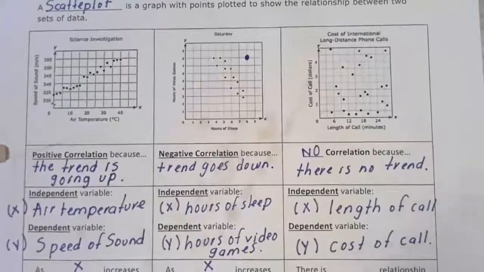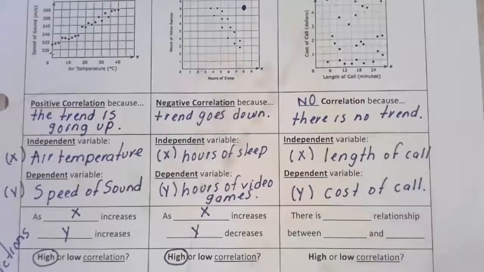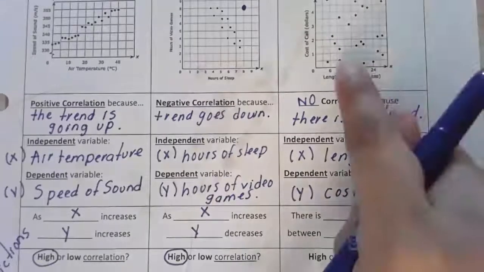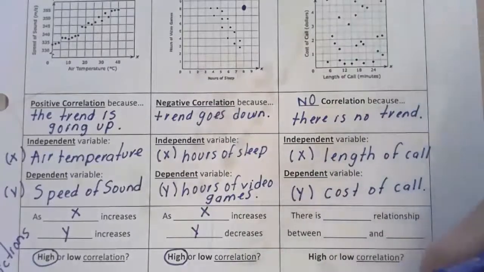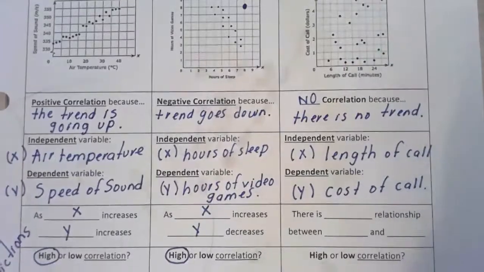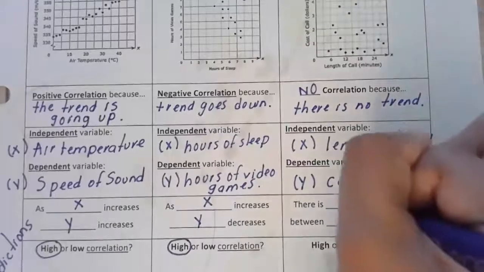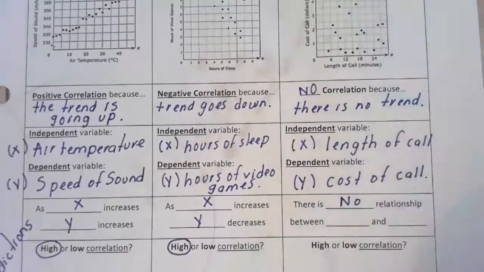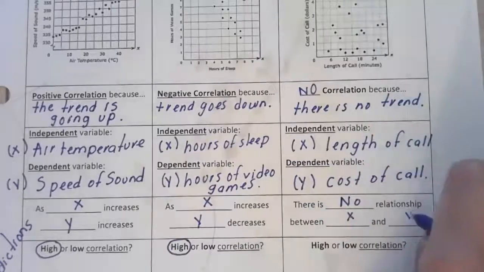So let's look at our variables, x and y. Is one increasing or the other one decreasing? No, right? So there's no relationship. If there's no correlation, there will not be a relationship between x and y.